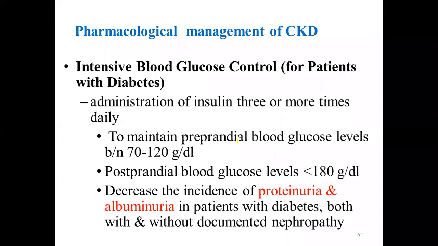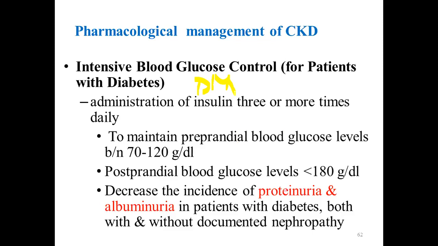For the remaining topics, as I told you before, you have to read in advance. Remember, in CKD management, we manage the complications as well as the underlying disease. For example, diabetes is the front line. It is the most well-known risk factor for CKD.